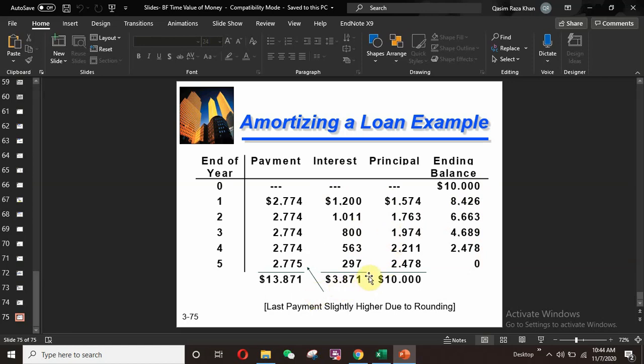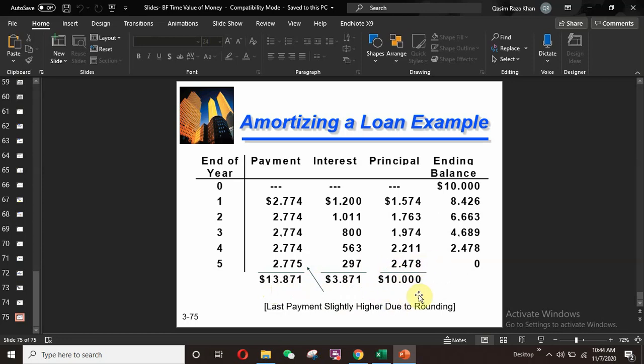So after the 5 years, Mr. Julie Miller will pay the total amount of $13,871, and among this, 3,871 is the interest he will pay, and 10,000 is the principal amount he will pay.